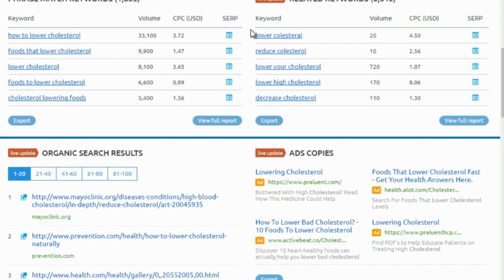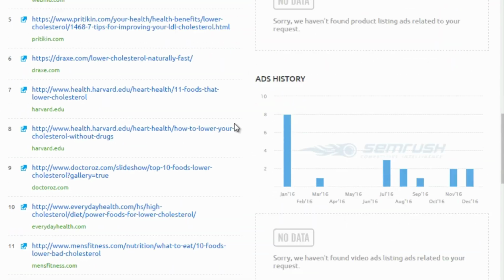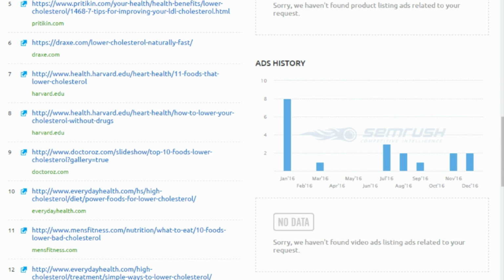That's a good sign: if they're willing to spend money on a specific keyword, that means there is demand. We can see foods that lower cholesterol, lowering foods, so there's a lot about foods. There are other keywords as well, ad copies, and organic search results. You can also use BuzzSumo to generate topics.